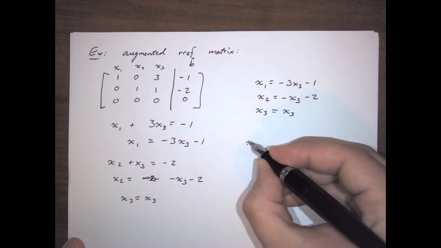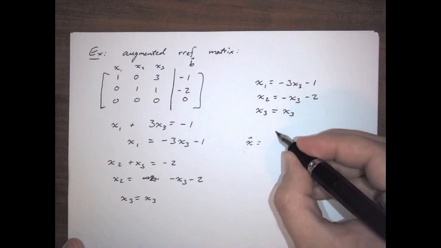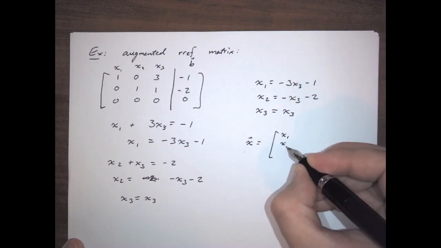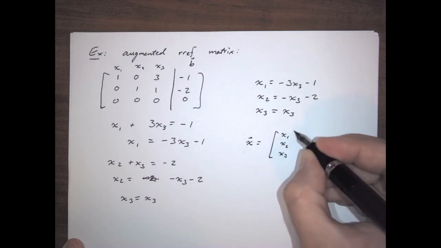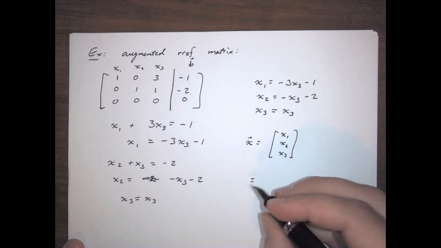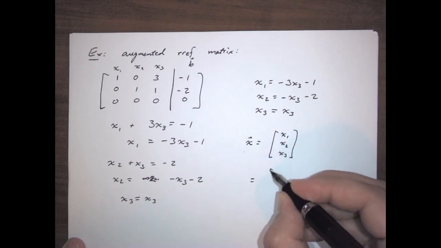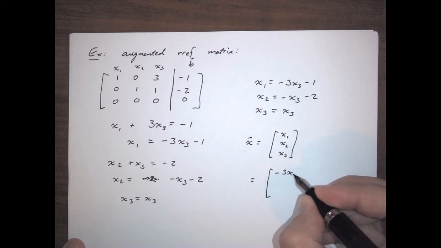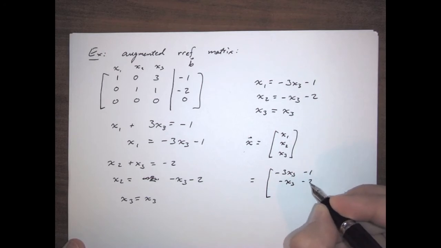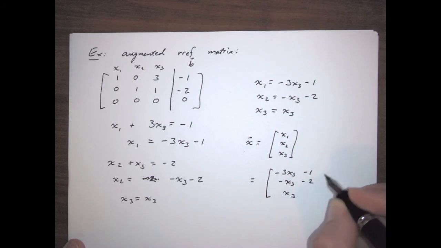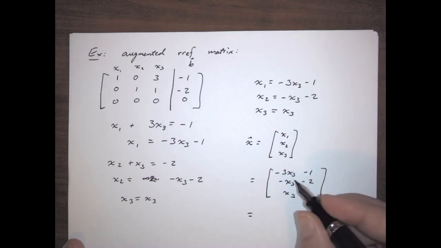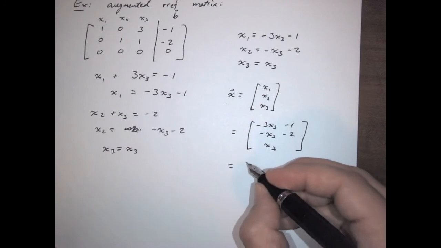And so then that means the generic elements of the solution set here are going to be x1, x2, x3, which in this case will specifically give us negative 3x3 minus 1, negative x3 minus 2, and then just x3, which we can then separate out into two pieces, the part that has x3's and the part that doesn't.